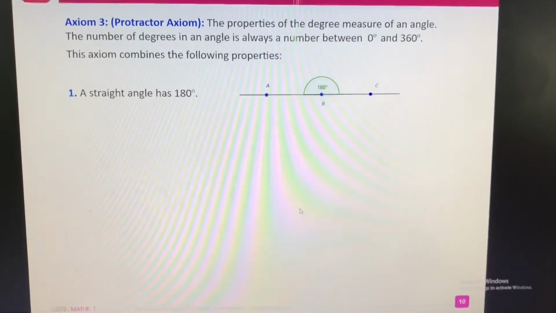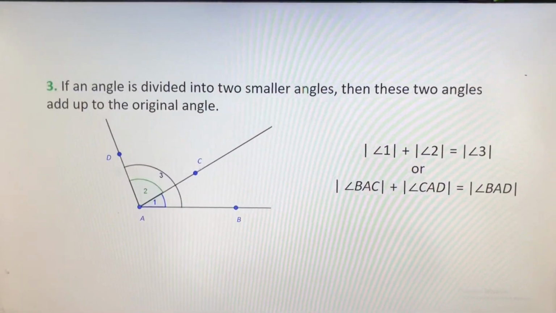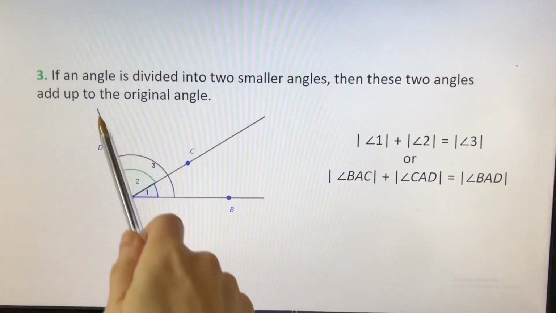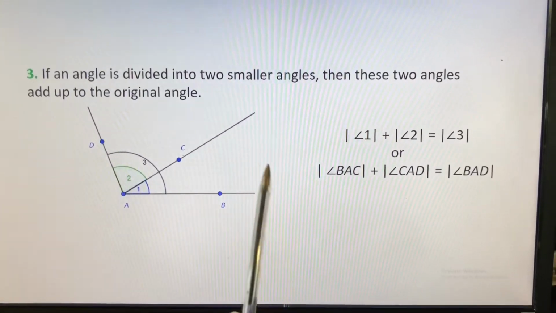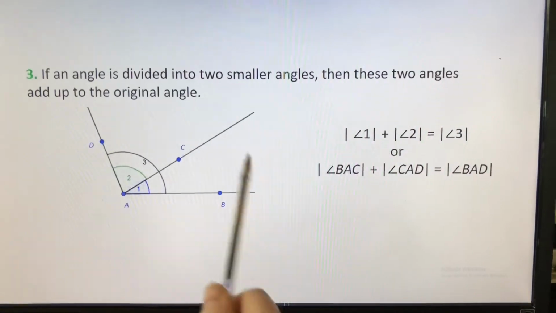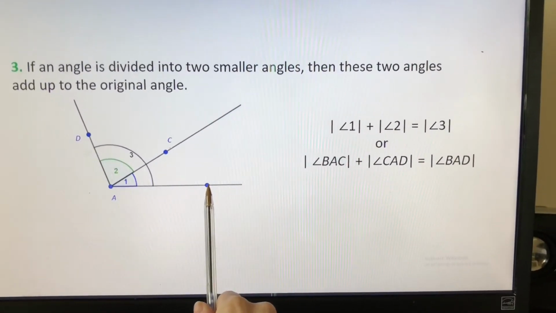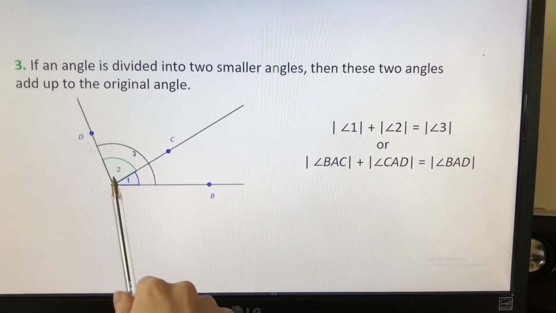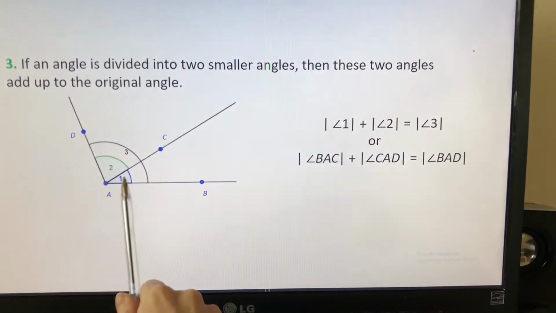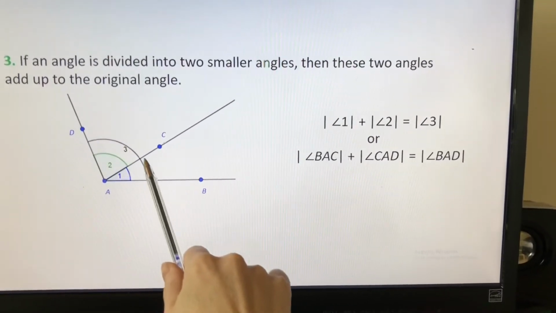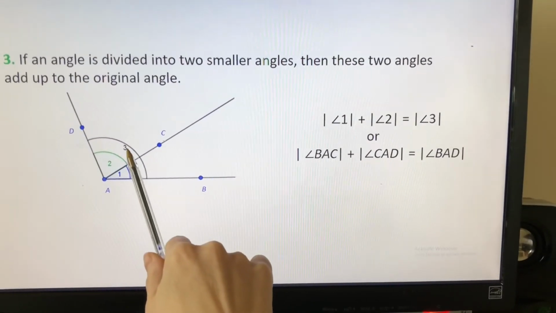It also shows us that if we have one angle, let's take the angle BAD. Remember that means we take the path through B to A to D. That's this largest angle here, shown with this big arc, number 3.